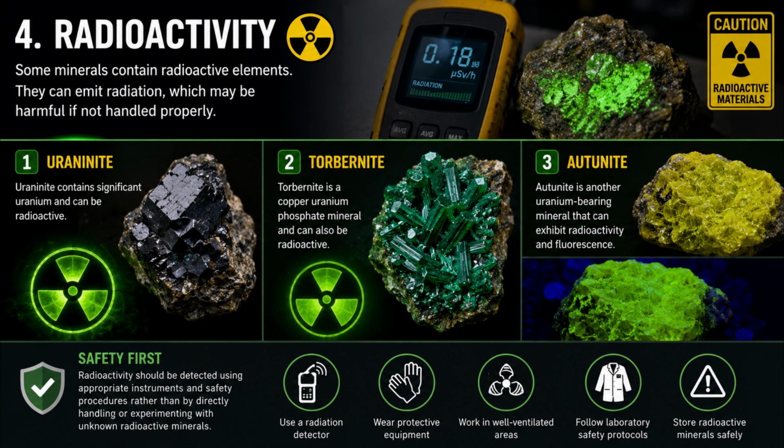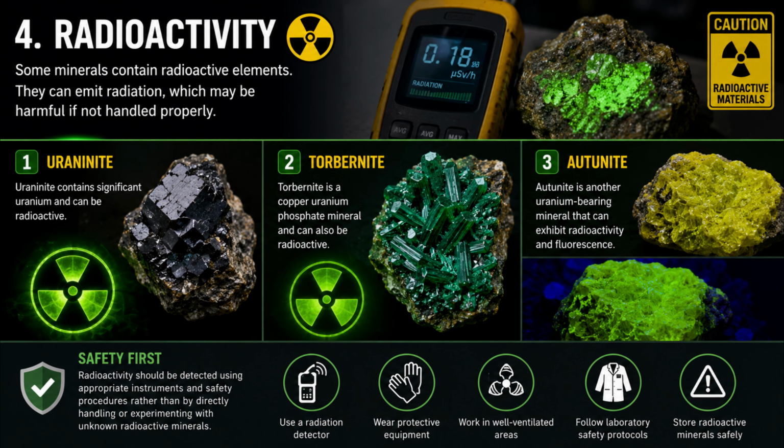It can be radioactive. Autunite, another uranium-bearing mineral, can exhibit radioactivity and fluorescence. Radioactivity should be detected using an appropriate instrument and handled safely, rather than by directly handling or experimenting with unknown radioactive minerals.